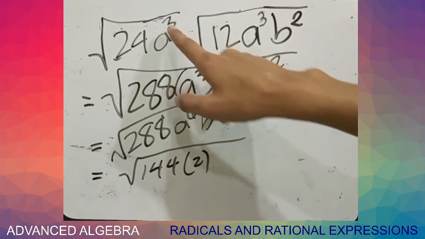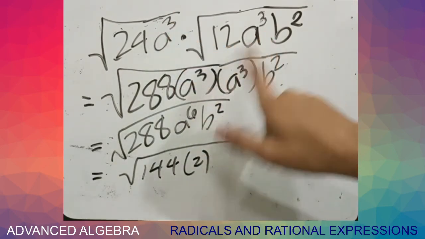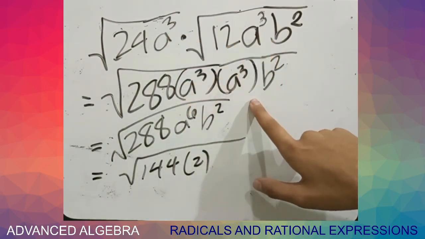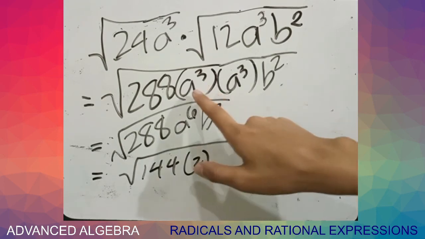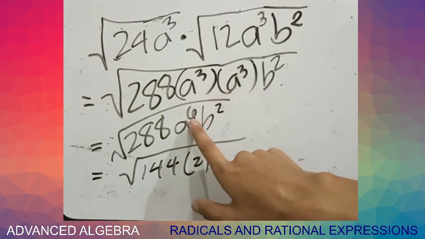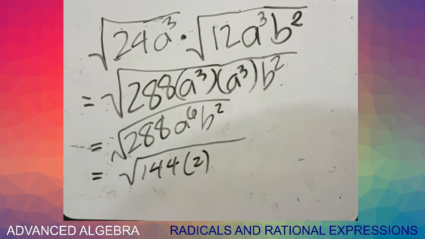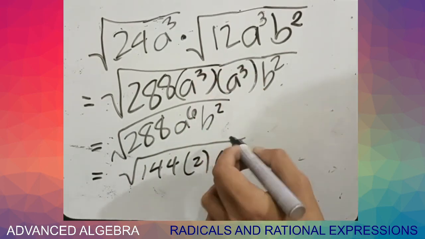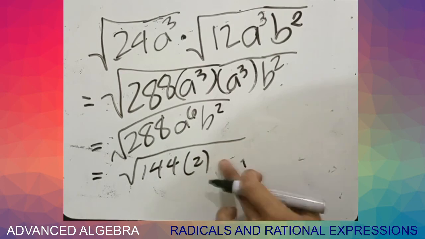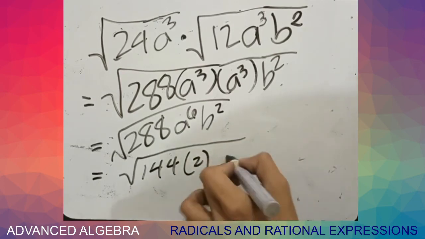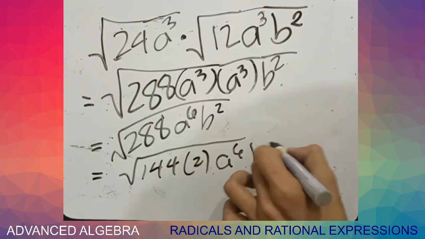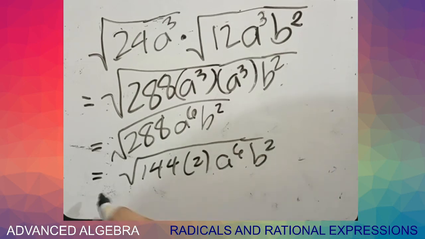Si a to the third power, tapos yung kanina pinag-times, it is a perfect square root, kasi pag pinag-times natin, sagot nga pala, a to the sixth power. Simplify lang natin to.